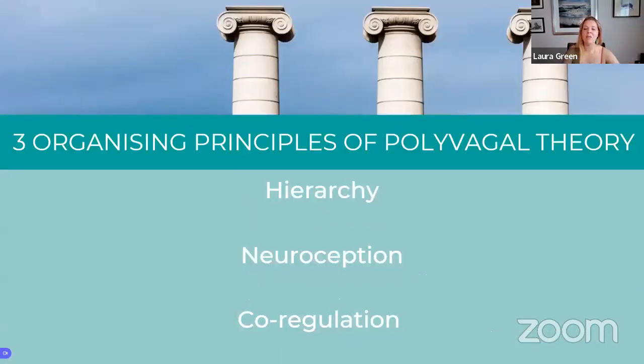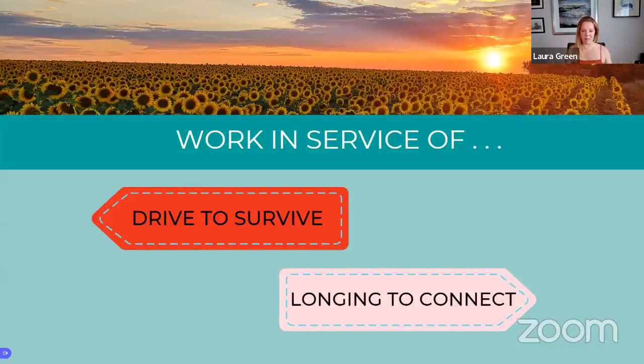So the three key principles of polyvagal theory, and we're not here to look at them today, it's just a very brief overview. The three key principles are hierarchy, neuroception, and what we're going to be looking at today, co-regulation. Very briefly, all of this comes together with our autonomic nervous system working with a drive to survive.